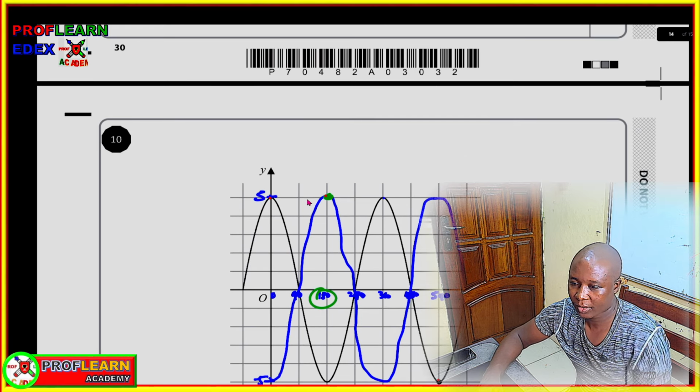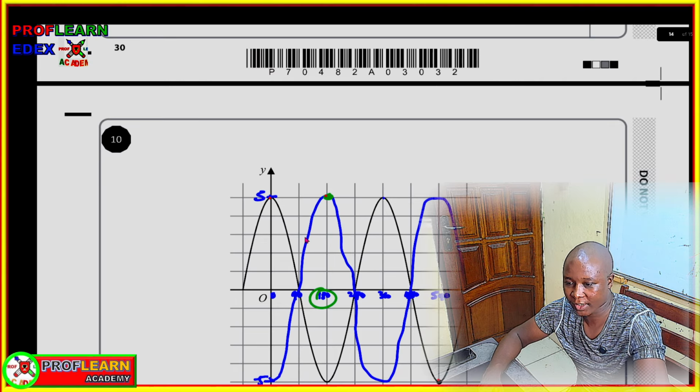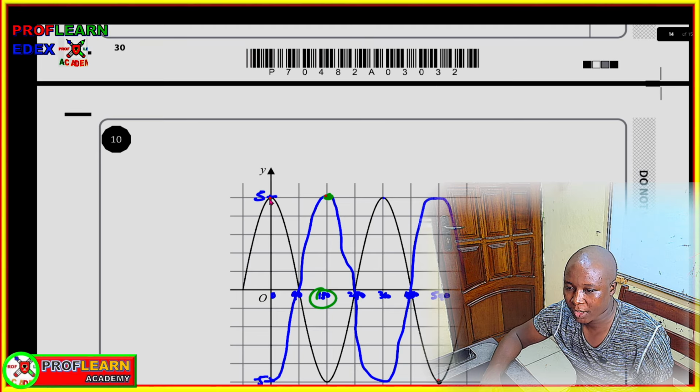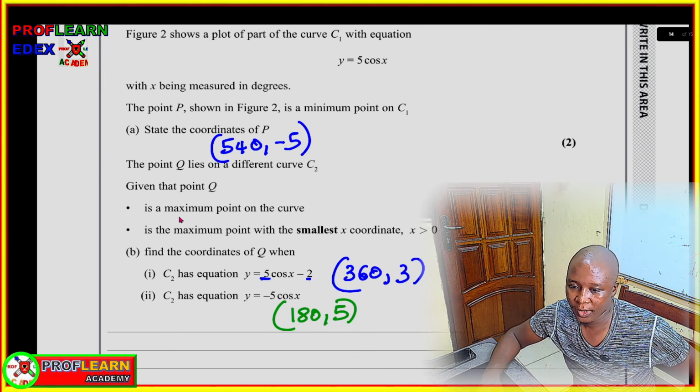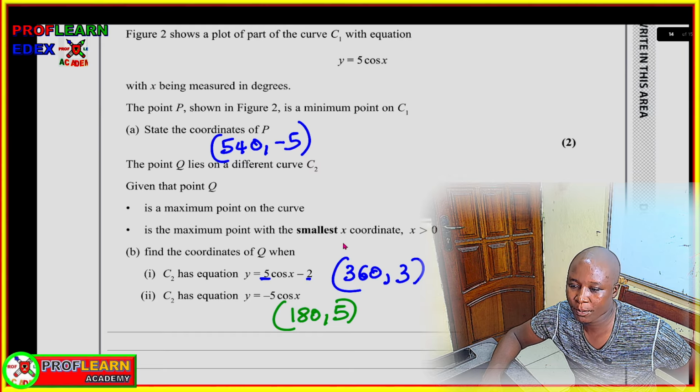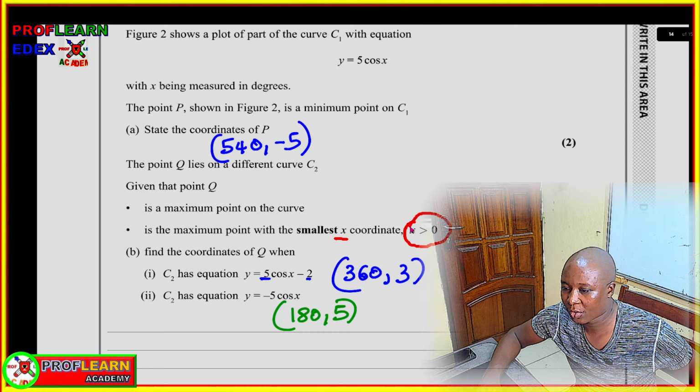This blue one I just included to answer the question. The maximum point is this one, and this one. Now we are told that Q is a maximum point with the smallest value of x, where x must be greater than 0.